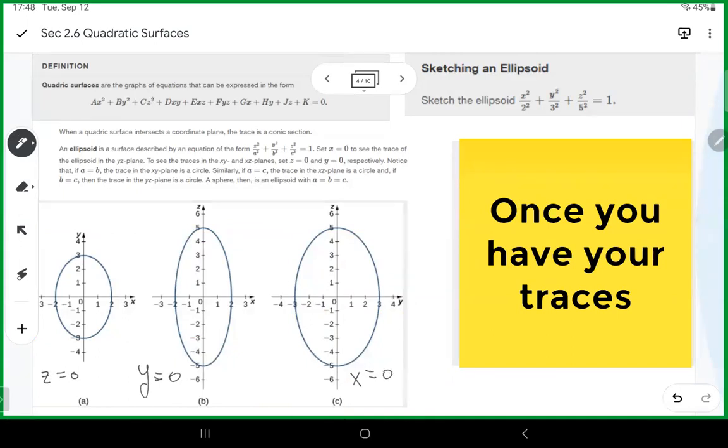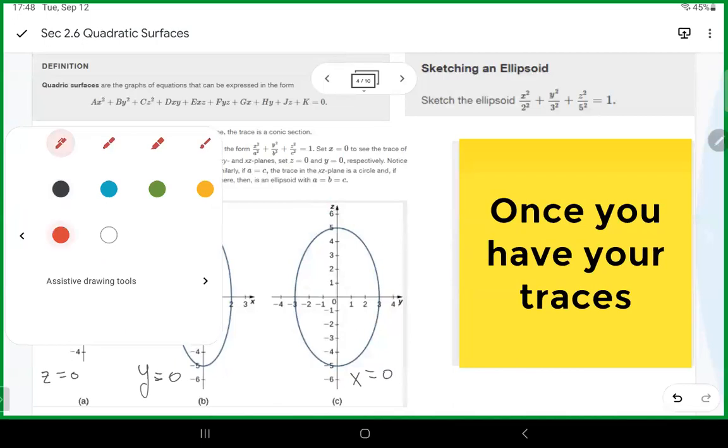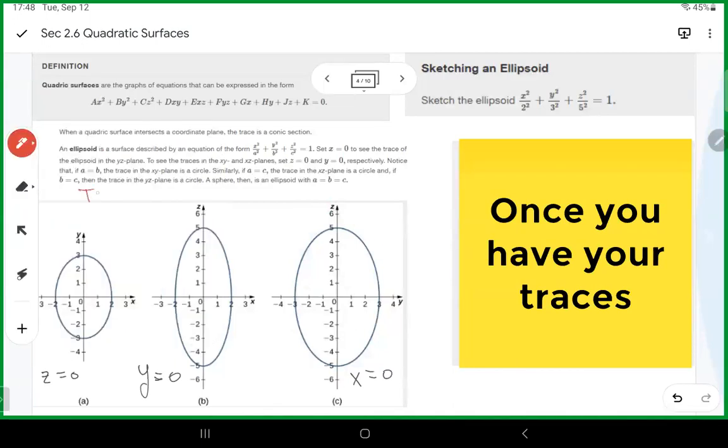Okay, looks very similar, obviously, but you can see a little bit of differences. So these are your traces, okay?